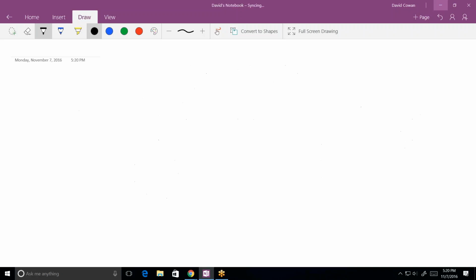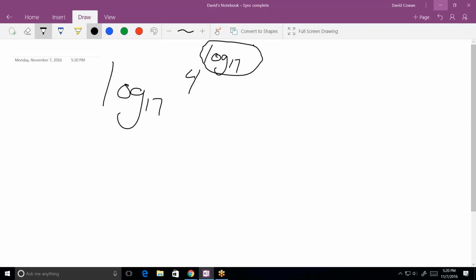So if I had a log, say I had log base 17 of 4 raised to the log base 17 power, how would that be like? Would those add? Well, first of all, you can't have a log without an argument. So this expression here doesn't have any meaning unless I put an argument in front of it.